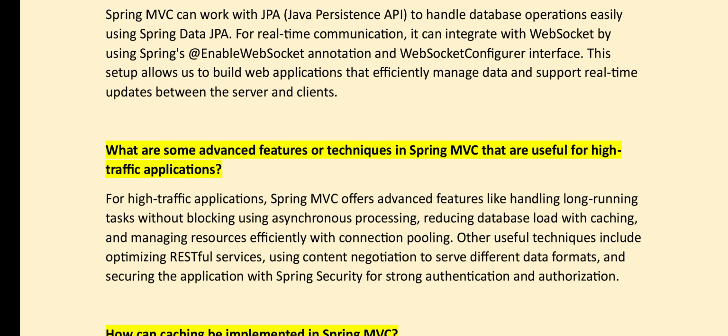What are the common advanced features or techniques in Spring MVC that are useful for high traffic applications? For high traffic applications, Spring MVC offers advanced features like handling long running tasks without blocking using asynchronous processing, reducing database load with caching, and managing resources efficiently with connection pooling.